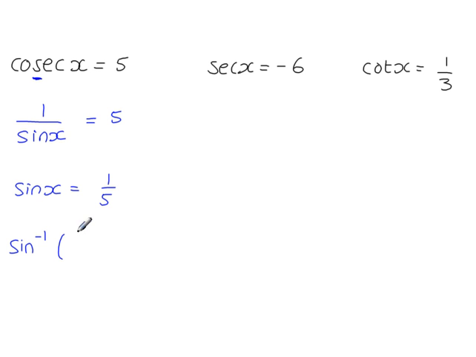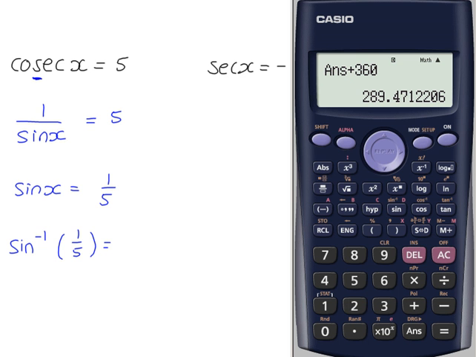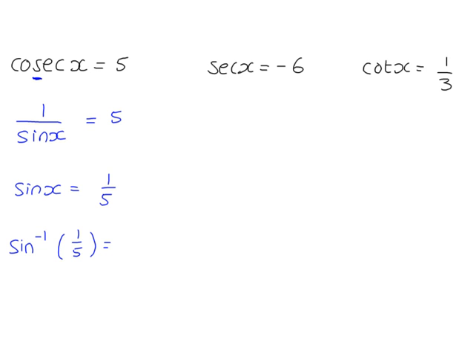So you can do this, and what it will give you there is the angle x. So for instance, inverse sine 1/5, so 11.5 degrees, that's angle x. And you can do this in radians as well. If I wanted the same thing in radians, shift, setup, if I go to radians there, press equals, 0.201 radians. So for secant, which is 1 over cos, again don't change anything here.